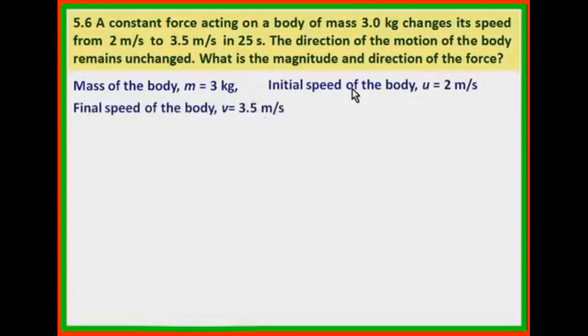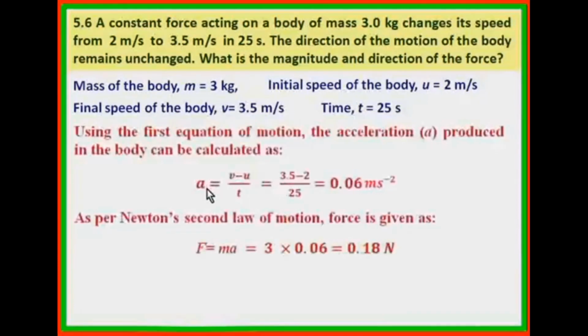Final velocity is 3.5 meter per second, and the change in speed is going to happen within 25 seconds. Now we want to find the magnitude and the direction of the force when it changes its speed from 2 to 3.5 meter per second. But remember, the direction is going to remain unchanged.